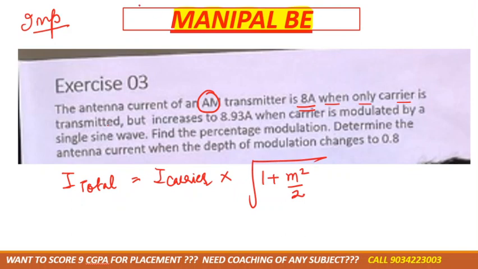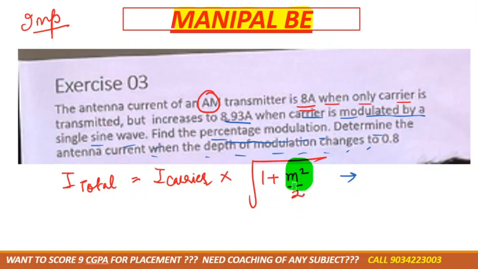So this is the formula we'll use. They said it increases to 8.93 ampere when the carrier is modulated by a single sine wave. Find the percentage modulation, and determine the antenna current when the depth of modulation changes to 0.8. So first we need to calculate the percentage modulation, basically the m value.